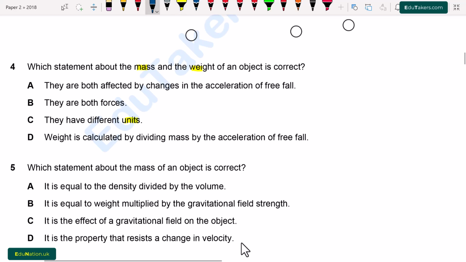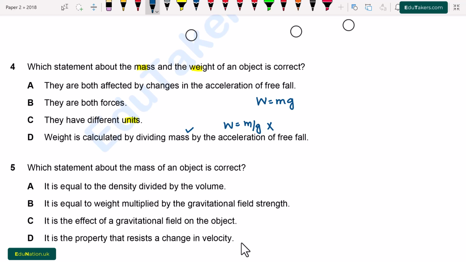So first of all, we can see here W is equal to mg. Weight is the product of mass and acceleration due to gravity. But here it is given that weight is equal to m over g, which is incorrect.